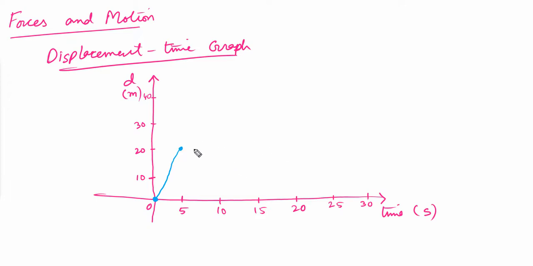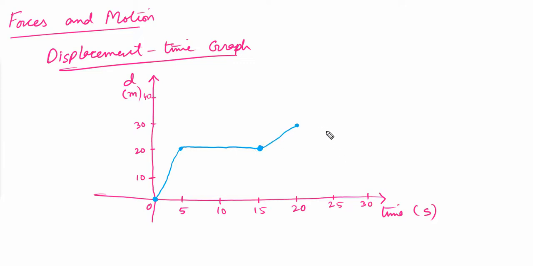In the next 10 seconds it did not move, so it remained at the same displacement. In the next 5 seconds it has moved 10 meters more, so its new displacement became 30 meters.